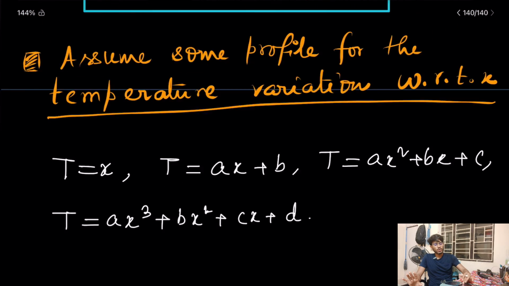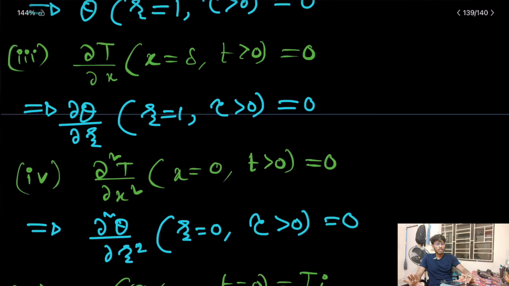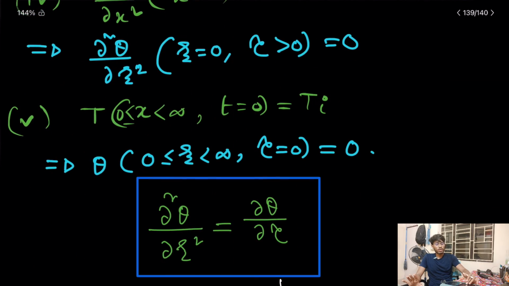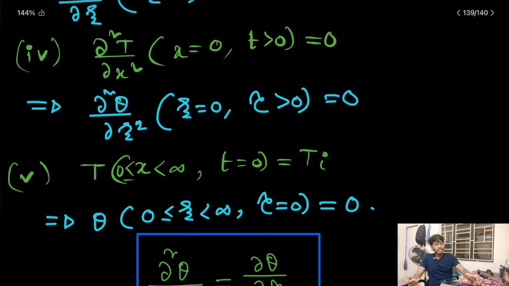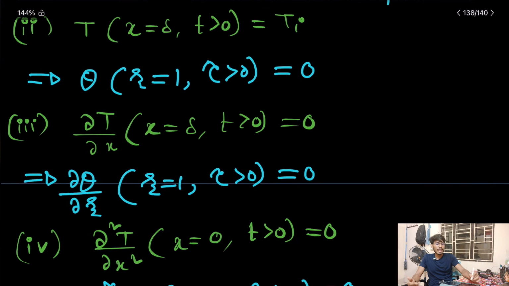Okay, so here I can get 5 boundary conditions, right? Actually 4 boundary conditions, because this one is the initial condition. So for xi here I have 4 boundary conditions.